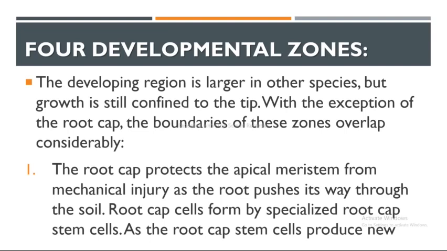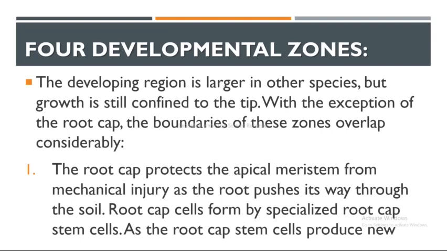So the first is the root cap, which protects the apical meristem from mechanical injury. As the root pushes its way through the soil, the root cap cells are formed by the specialized root cap stem cells.